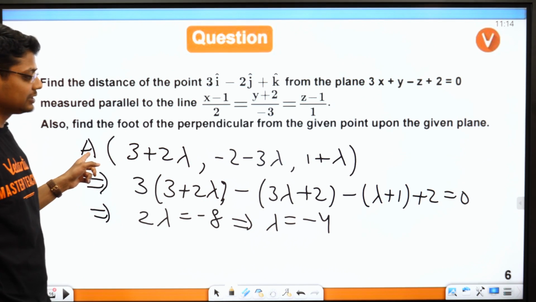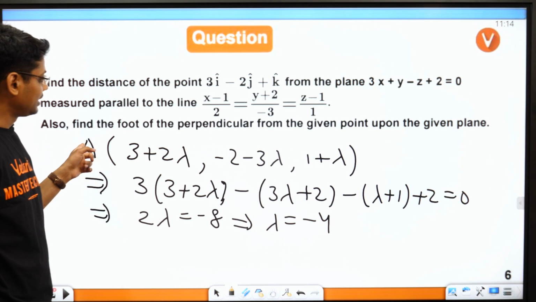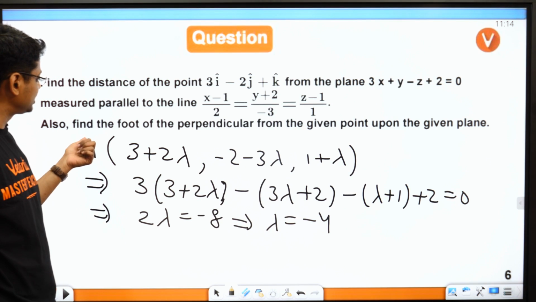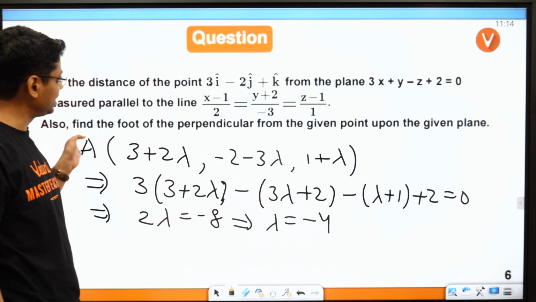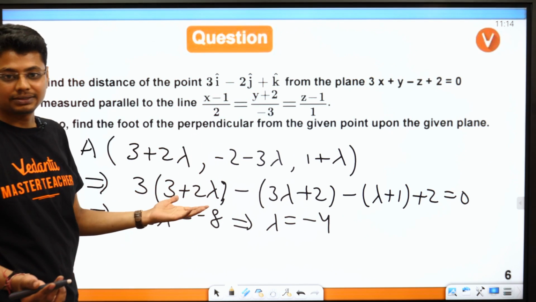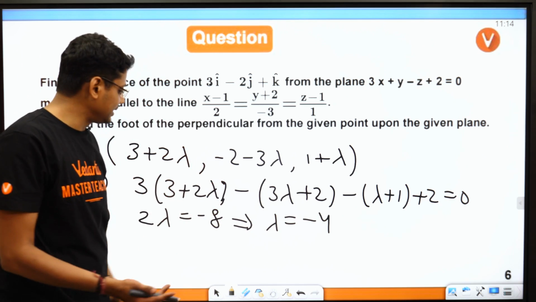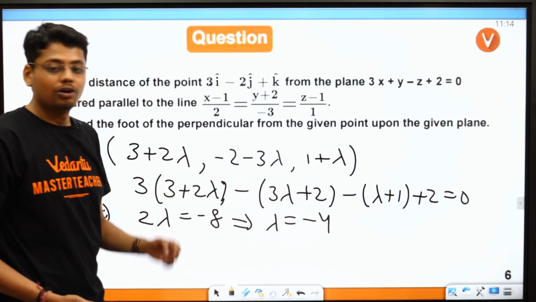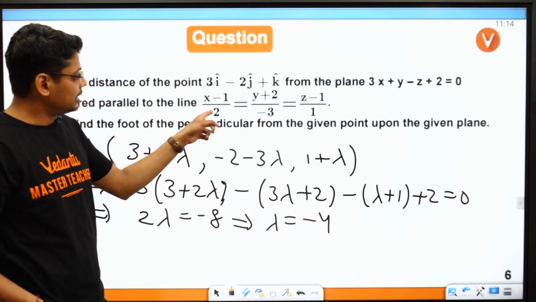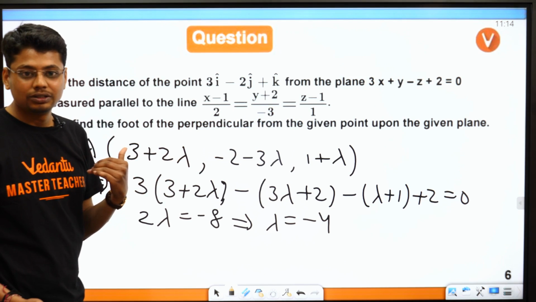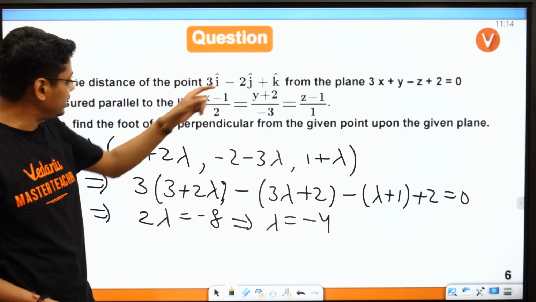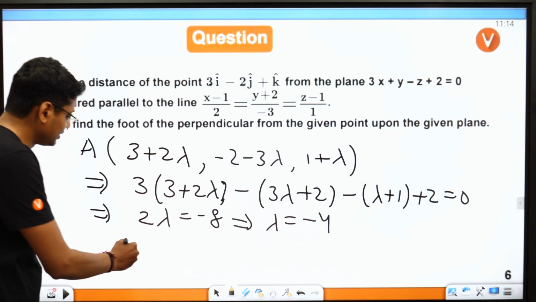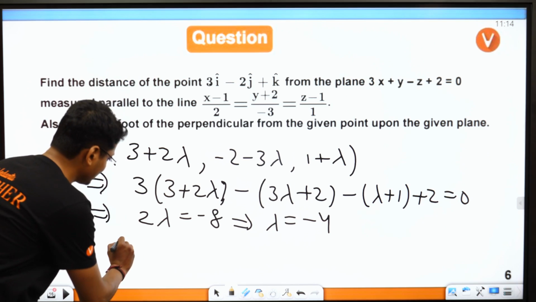Now anyway you have this point A. Either you can find the distance between this point A, since lambda is known so point A is known, and the given point, and that is my answer. Or you can even think logically: I have gone 4 times in the reverse direction of this vector, so the distance I have covered while moving from the given point to this point A is my answer, the distance that we require.